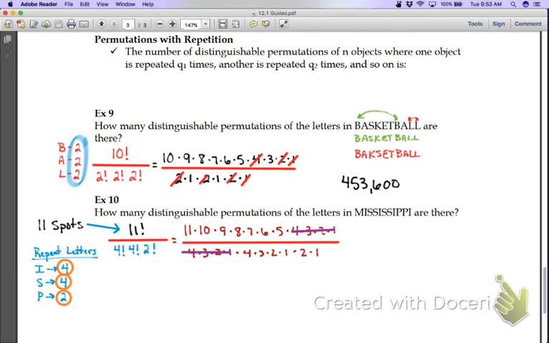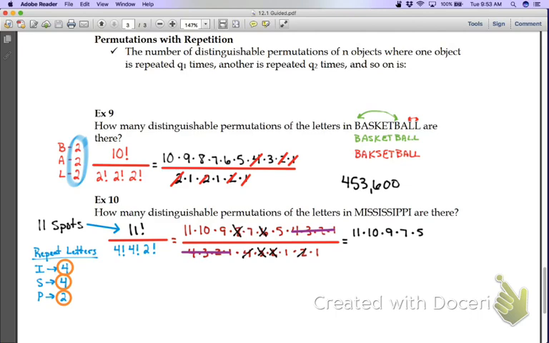And then it just becomes kind of start getting rid of what I can get rid of. I have 4 and 2. There gets rid of my 8. I have 3 and 2. That gets rid of my 6. So realistically, I'm only multiplying 11, 10, 9, 7, and 5 together.